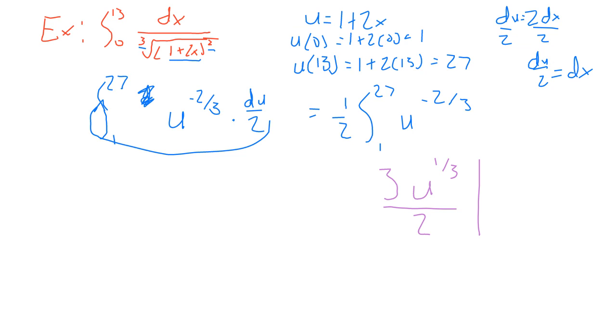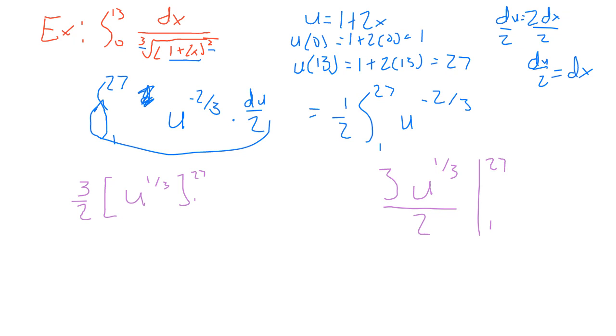And then we're going to go from 1 to 27. Actually, what we can even do right here is pull out this 3/2, and then we can just look at u to the 1/3 from 1 to 27.